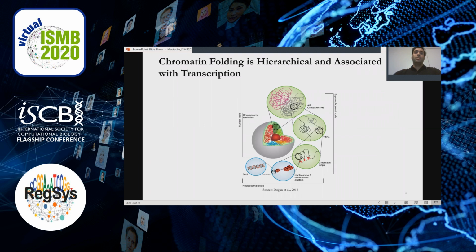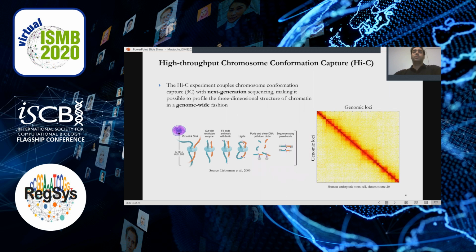So, as we know, the chromatin is not folded randomly in the nucleus. The chromatin folding is hierarchical, all the way from the chromosome territory to the nucleosome, and it's associated with transcription. High throughput chromosome conformation capture, Hi-C, has been the main assay of choice to study the 3D structure of the genome.